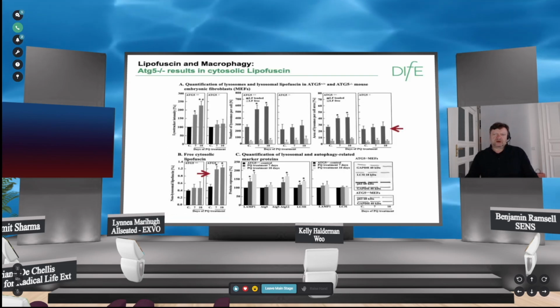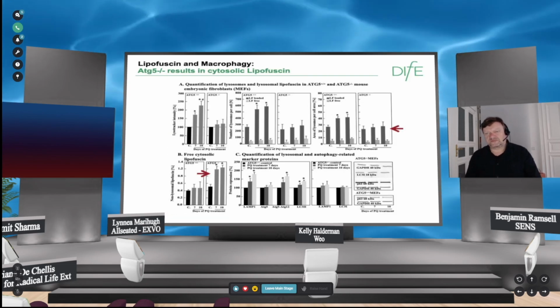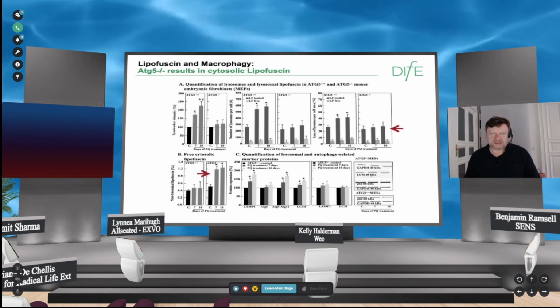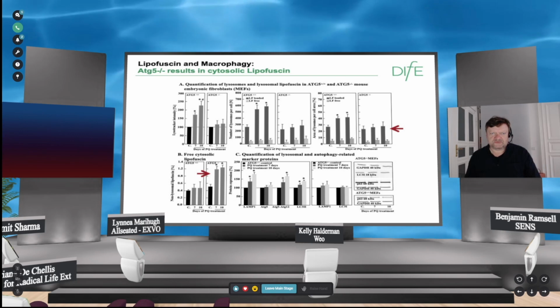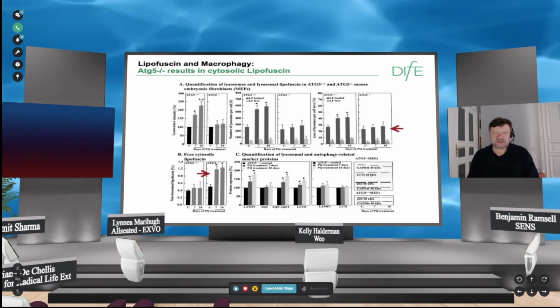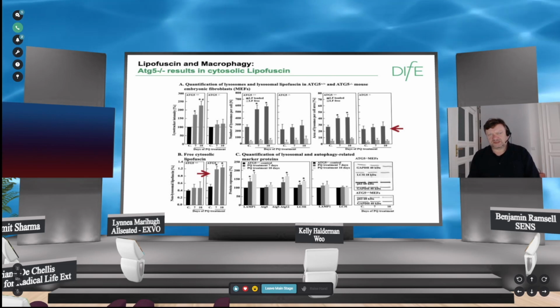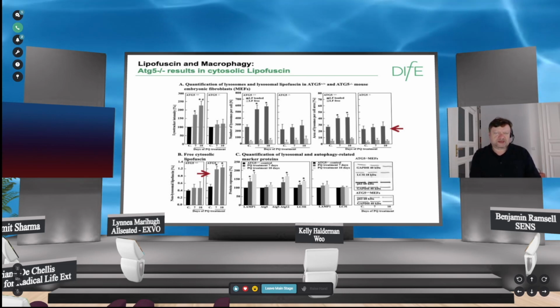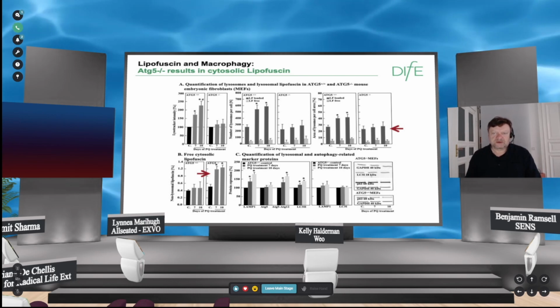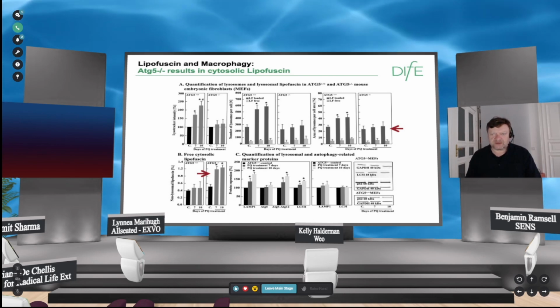So if you block the uptake of lipofuscin into the lysosomes, in this cell line, the ATG5 protein is important for macroautophagy. If you have a knockout, a mouse fibroblast derived from a knockout mouse, you can block the uptake of lipofuscin.